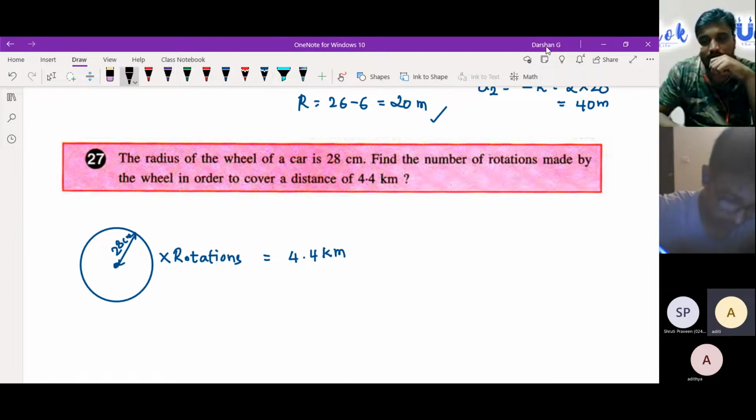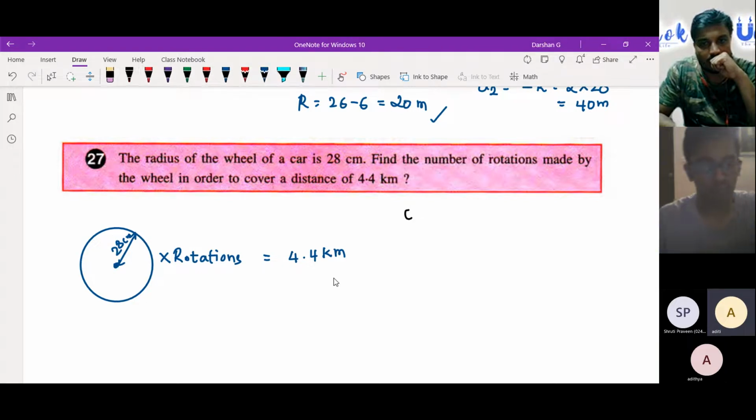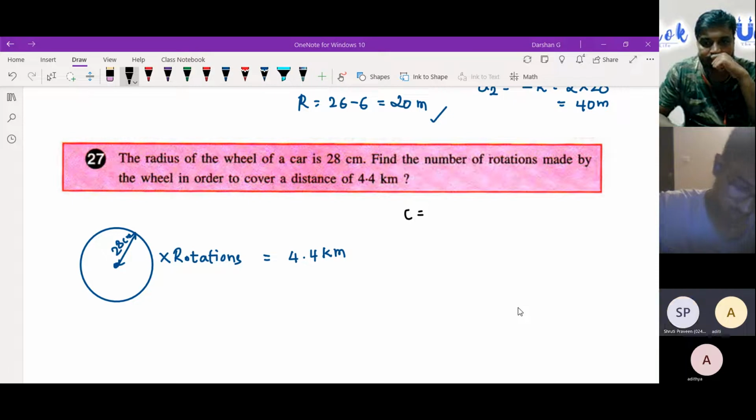While Manomai tries, anybody who wants to tell me the circumference of this given circle? I got 176 centimeter.